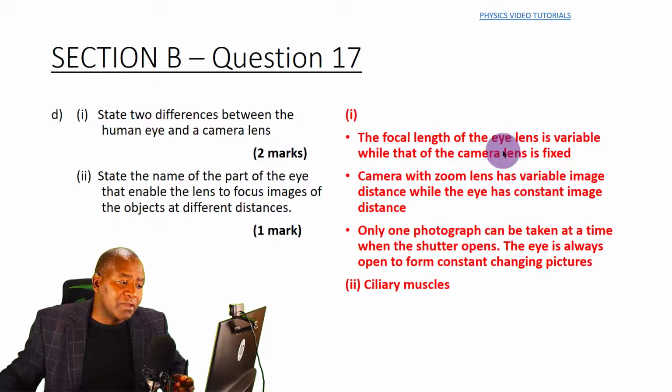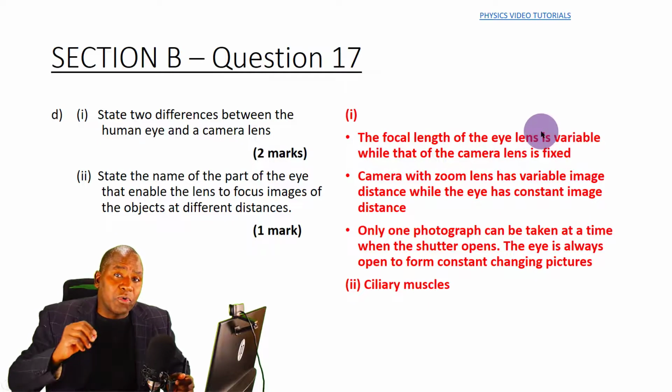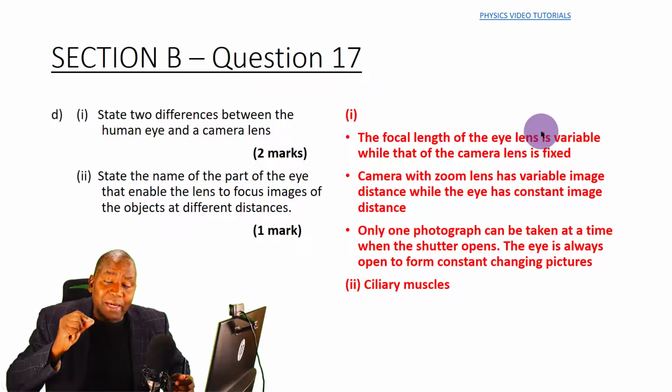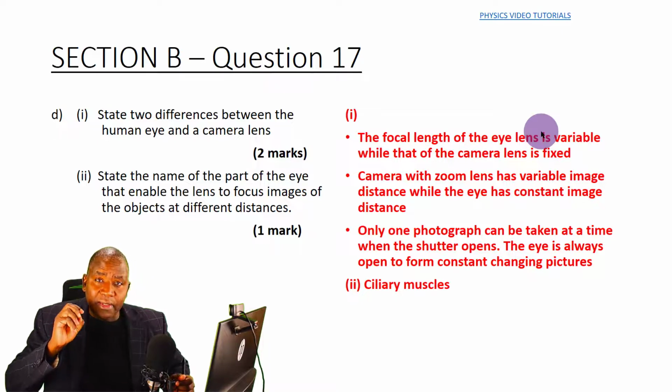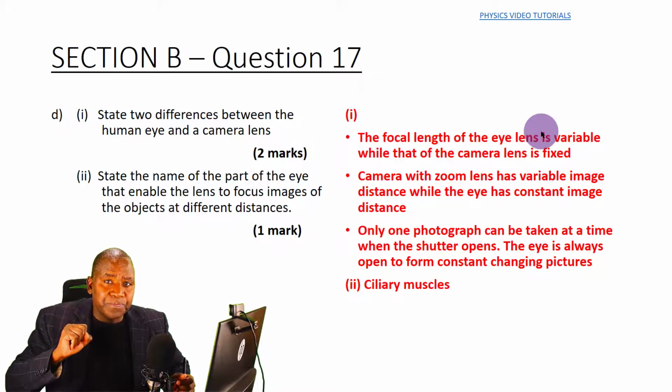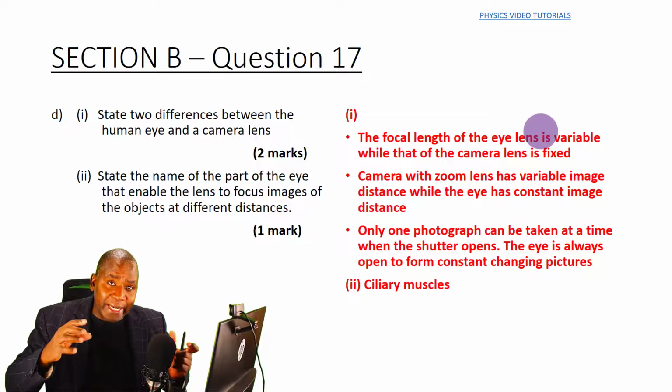The focal length of the eye lens is variable, while the focal length of the camera lens is fixed. Now, how is it possible to vary the focal length of the human convex lens? We make use of the ciliary muscles, which when they contract, make the lens thick and therefore reduce the focal length. That is when they relax.